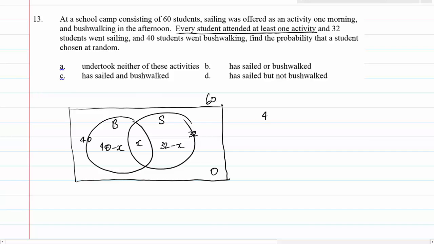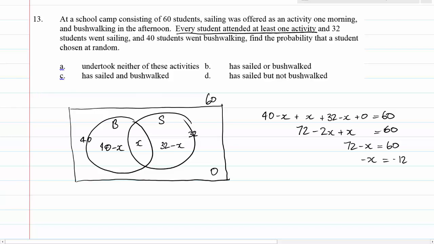And I know that 40 minus x plus 32 minus x plus 0 has to be all of my students, which is 60. And so I get 72 minus 2x plus x equals 60. So it's 72 minus x equals 60, which means that minus x equals minus 12 and x equals 12.